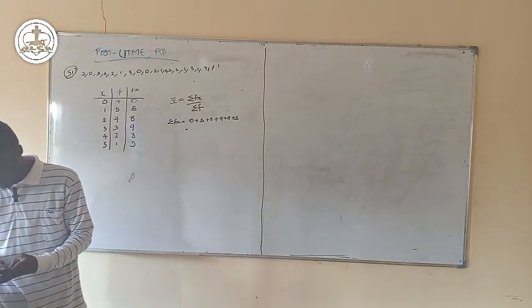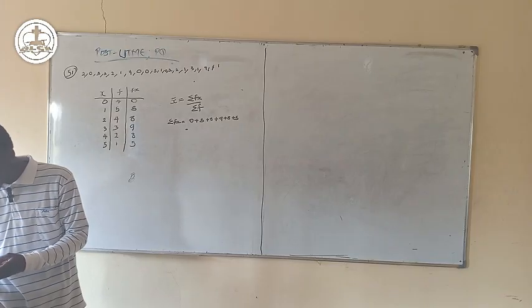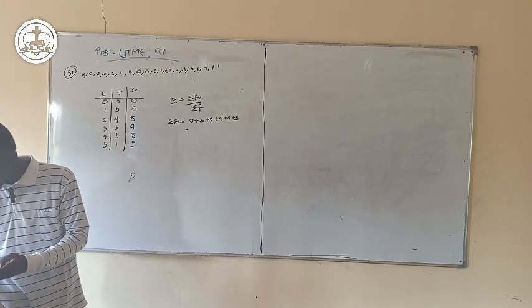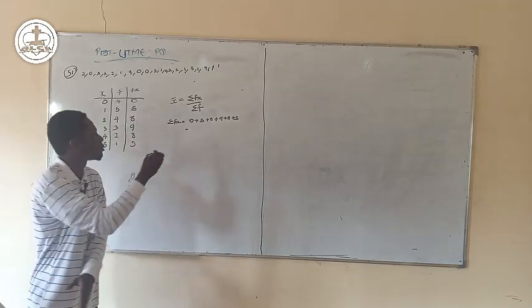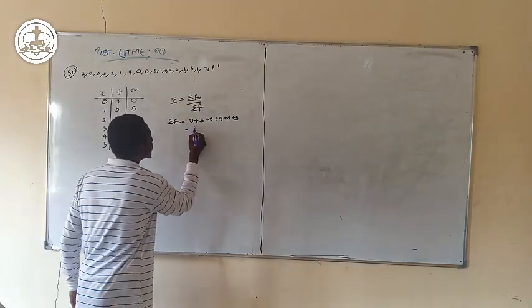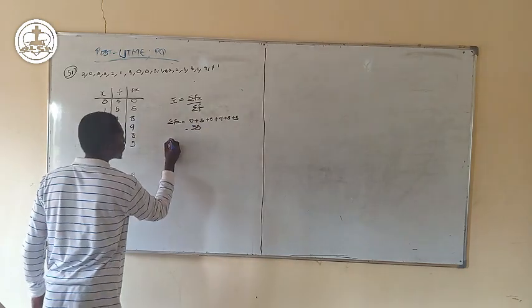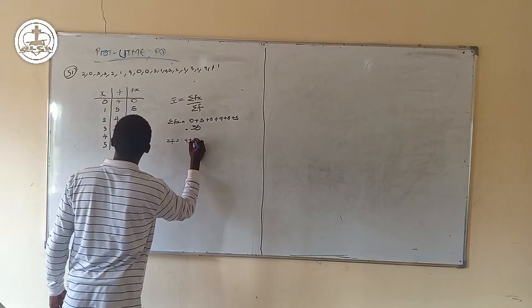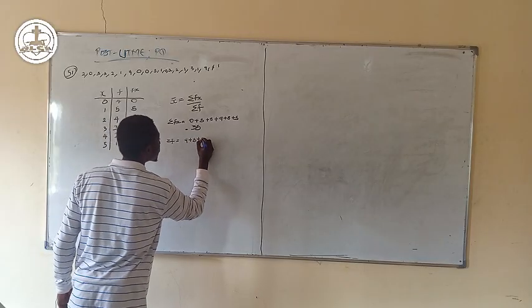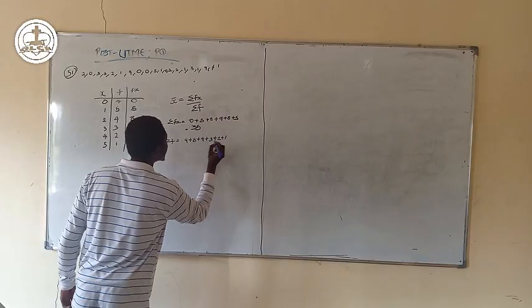Let's calculate it. 0 plus 5 plus 8 plus 9 plus 8 plus 5. Our total is 35. And our summation f is 4 plus 5 plus 4 plus 3 plus 2 plus 1.